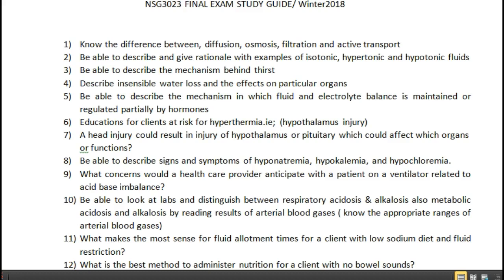Be able to describe signs and symptoms of hyponatremia, hypokalemia, and hypochloremia. I'll start with hyponatremia.